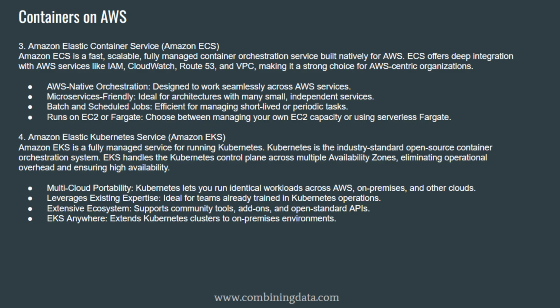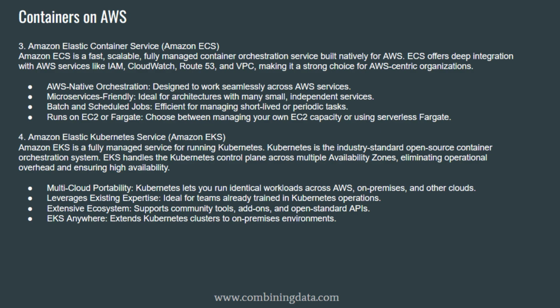4. Amazon Elastic Kubernetes Service, Amazon EKS. Amazon EKS is AWS's managed Kubernetes service. EKS allows you to run Kubernetes on AWS without managing the control plane yourself. AWS handles Kubernetes upgrades, control plane availability, security patches. Why organizations choose EKS?